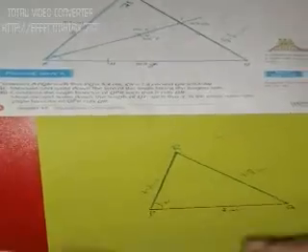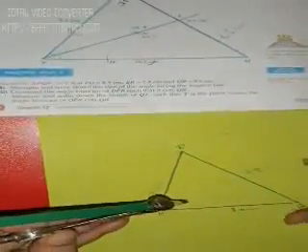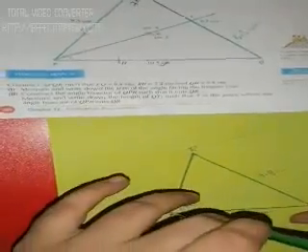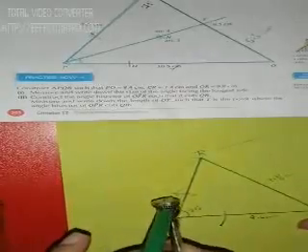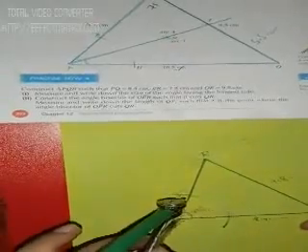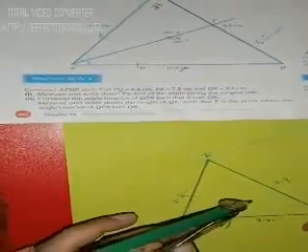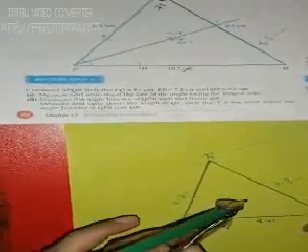So open your compass to a suitable radius and with the center P, put an arc on both the arms of the angle.